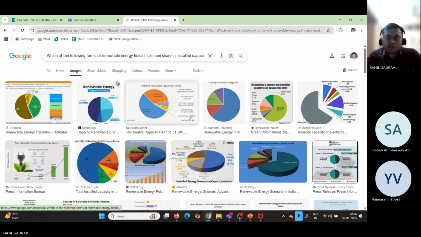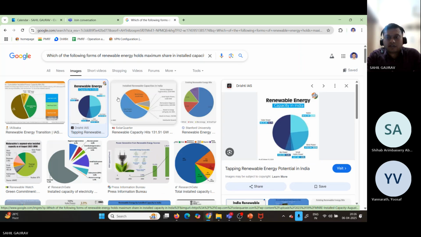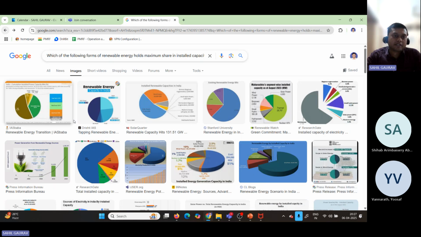Here, solar power is 45.1%. We have to go to some authentic website.